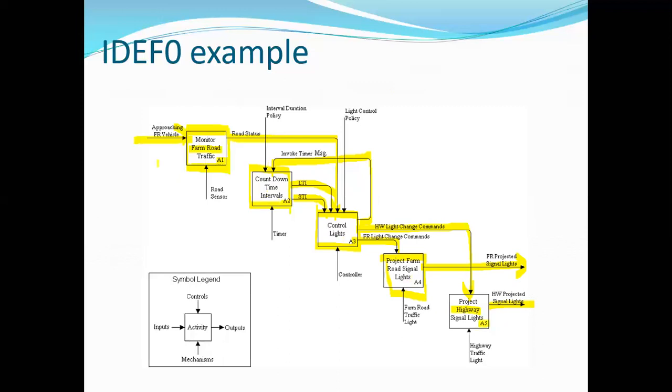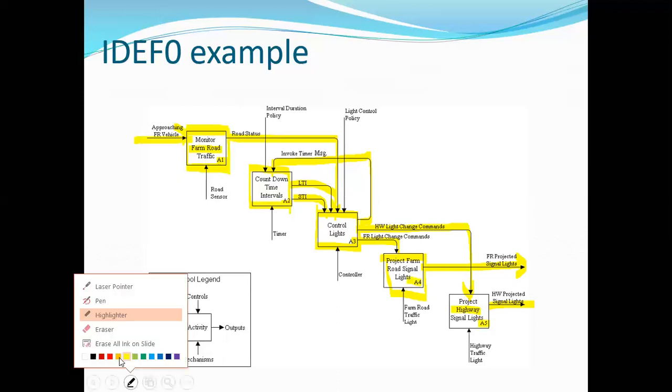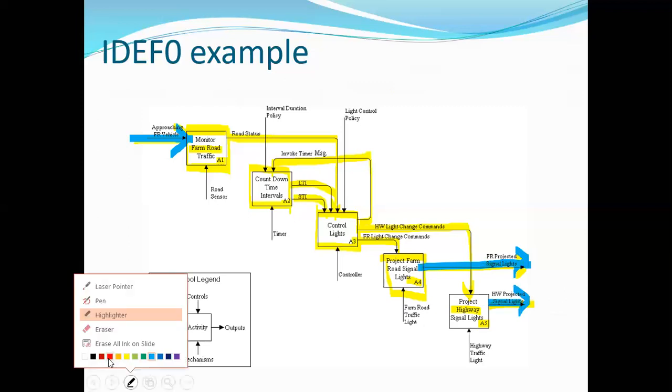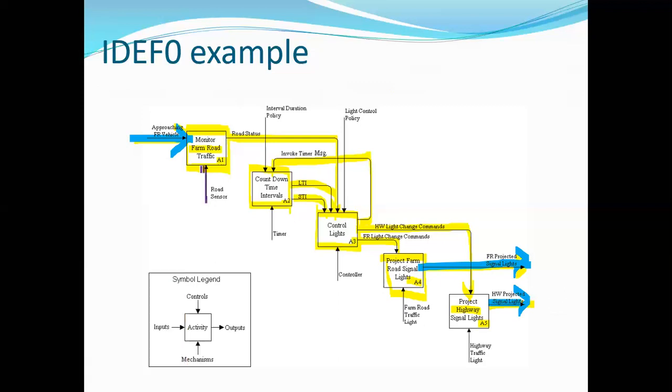The squares or rectangles refer to the processes from A1 until A5. The blue color belongs to the input, and also the output. The purple one belongs to the machine or the equipment used to run the process. To run the monitor of the farm road, we need the road sensor.